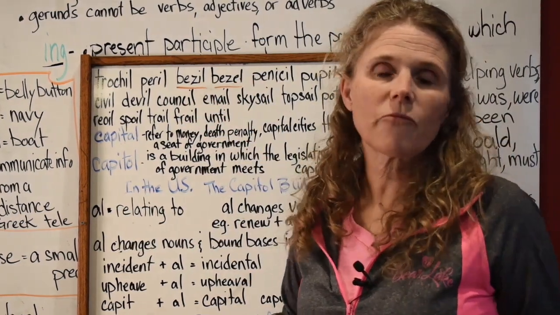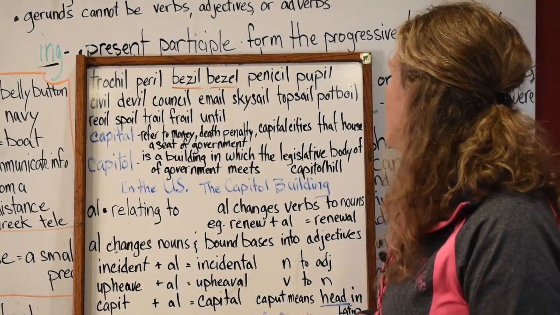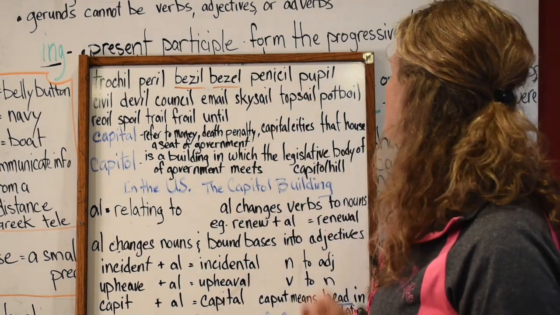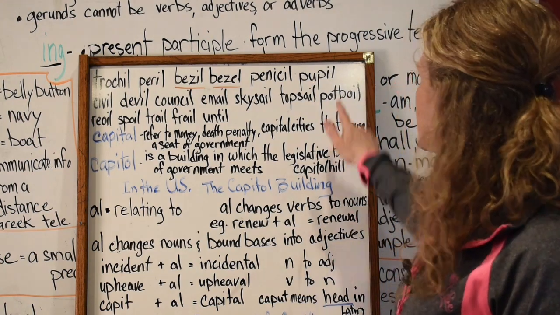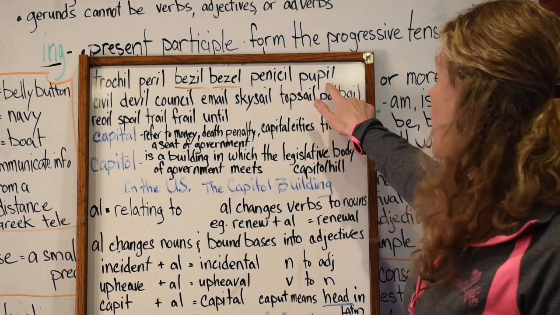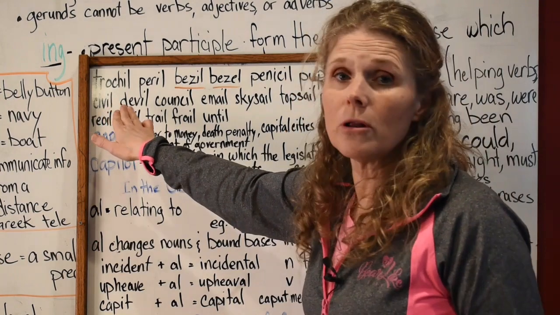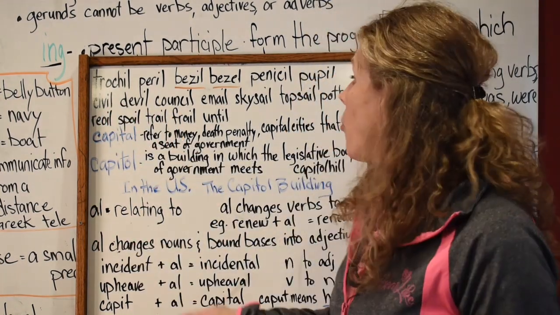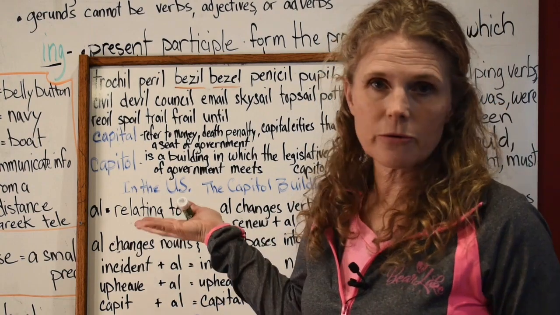It depends on where you come from or what you're going to use. Penicil, kind of like penicillin, pupil. See how it's saying the schwa sound? Civil, devil. You get quite a bit more with I-L than you get with some of the others.